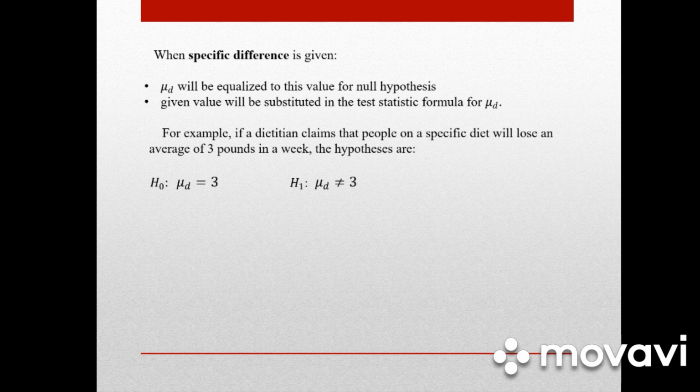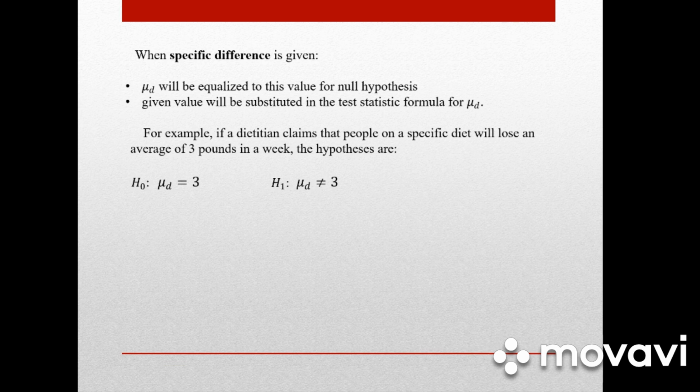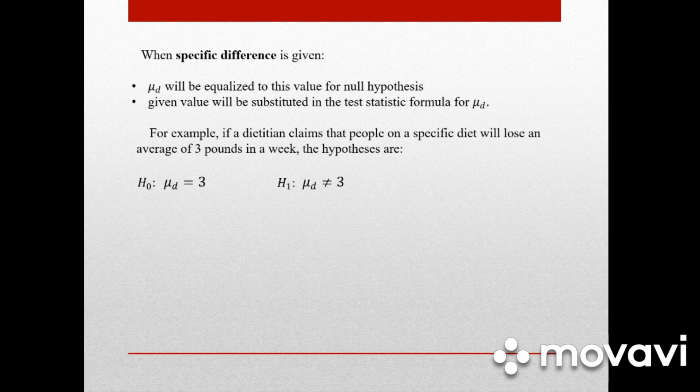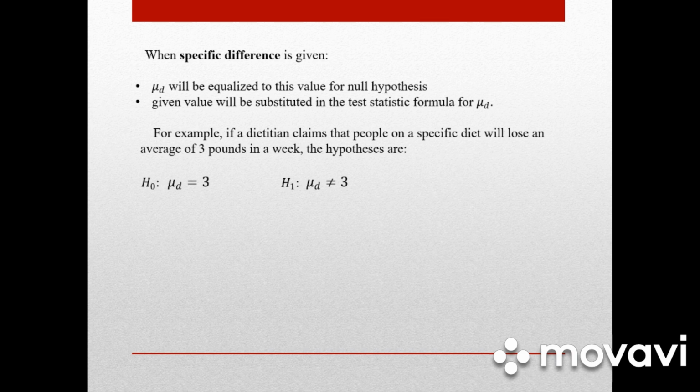For example, if a dietitian claims that people on a specific diet will lose an average of 3 pounds in a week, the specific difference will be 3. So for the null hypothesis, the mean of difference is equal to 3. For the alternative hypothesis, the mean of difference will be not equal to 3.